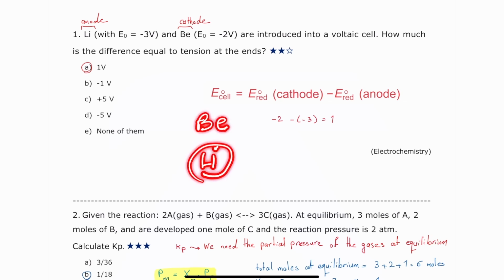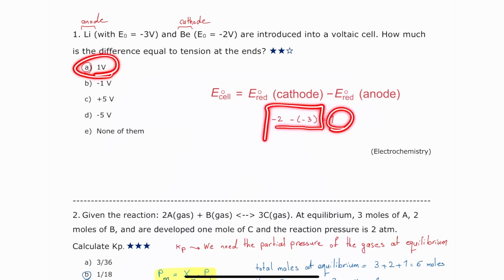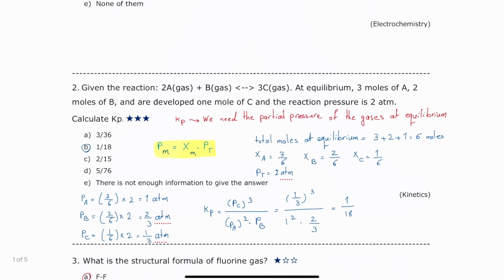Therefore, the lithium would act as anode and beryllium would act as cathode. Therefore, the E reduction of cathode would be minus 2 volt minus E reduction of anode, which is the reduction of lithium, minus 2 minus minus 3 would be 1. The answer is 1 volt.